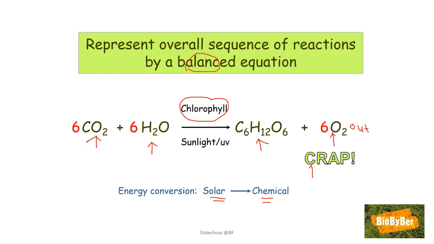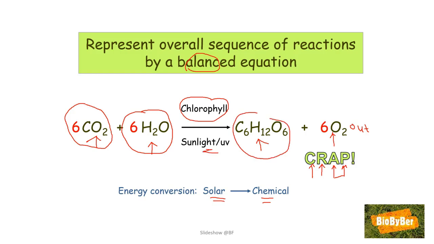Catabolic reactions, an example of them is respiration, whereas anabolic reactions, the example is photosynthesis. Photosynthesis is an anabolic reaction because we're taking simple chemicals, carbon dioxide and water, using energy from the sun and creating a complicated chemical called glucose.